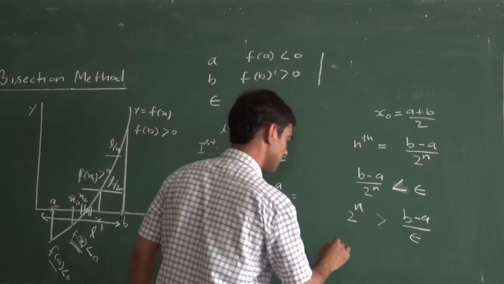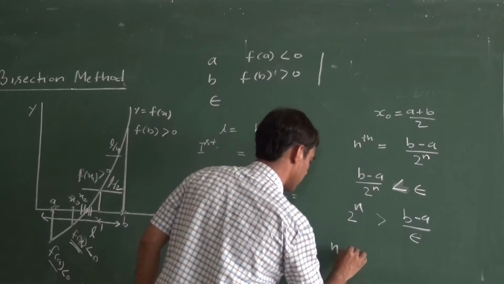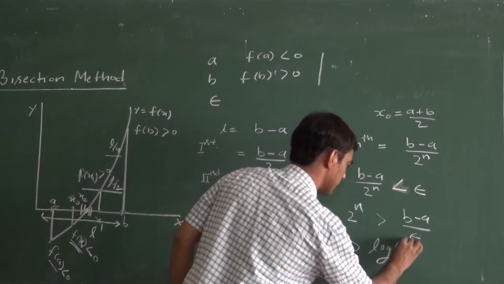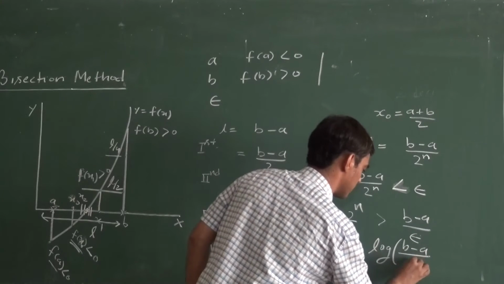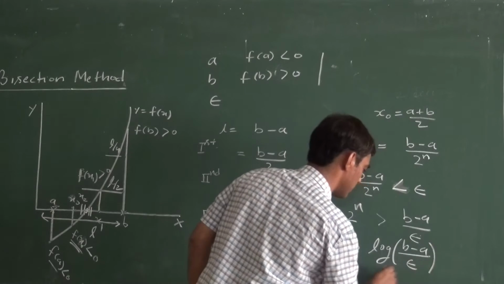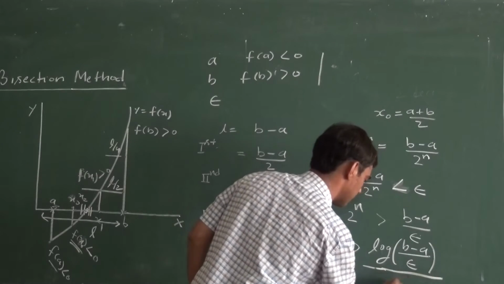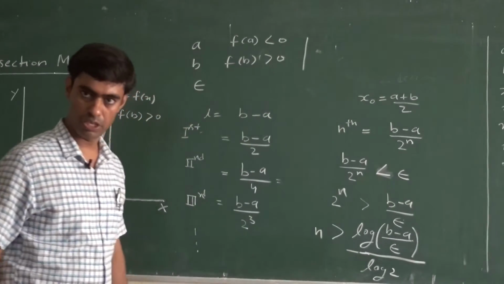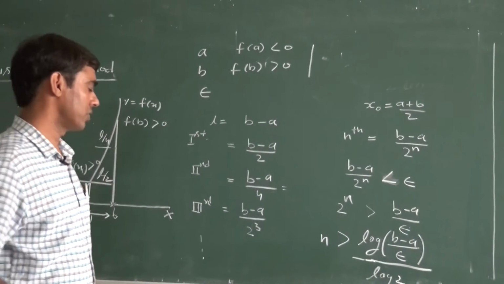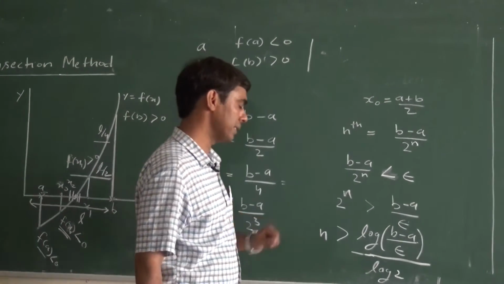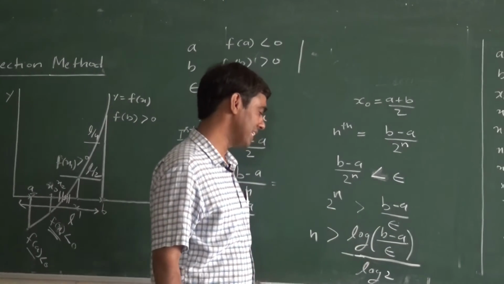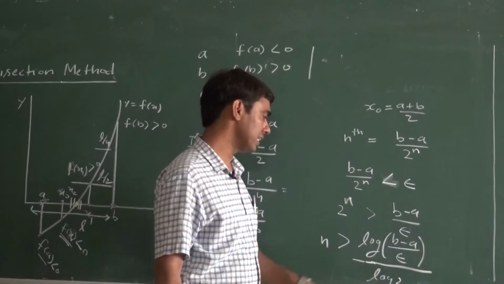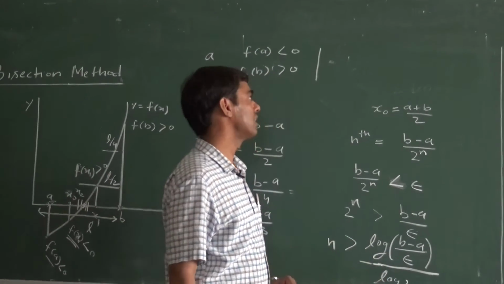Taking log on both sides, n is greater than log of b minus a upon epsilon divided by log 2. So, if we have the values of a and b, then n must be greater than log of b minus a upon epsilon divided by log 2.